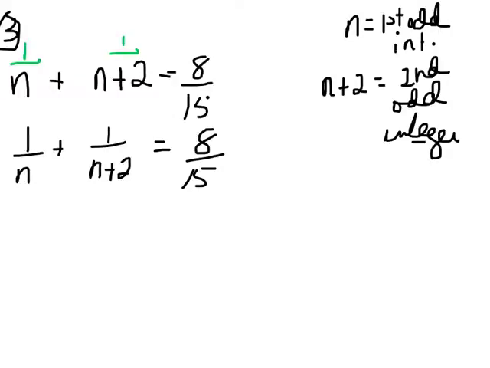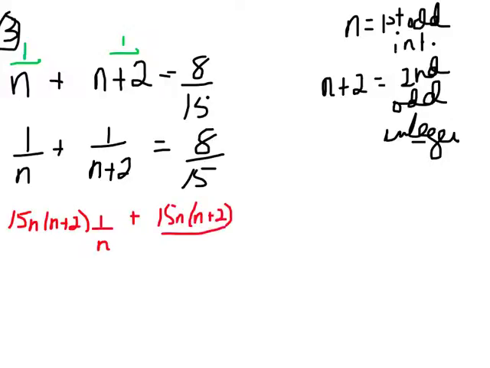So I'm going to write that out. 15n times n plus 2 times 1 over n plus 15n times n plus 2 over n plus 2 equal 15n times n plus 2 times 8/15. So that's what I'm going to have to simplify, okay?